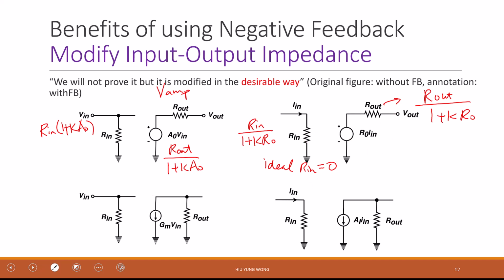How about the second column? This is called transconductance, Gm. So how would the input impedance be modified? Thank you.